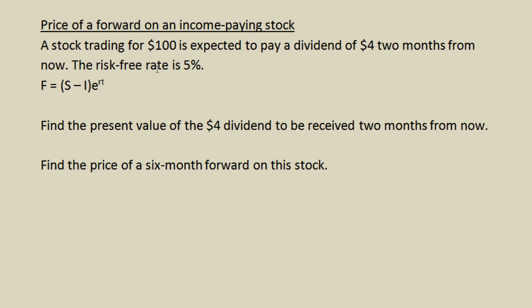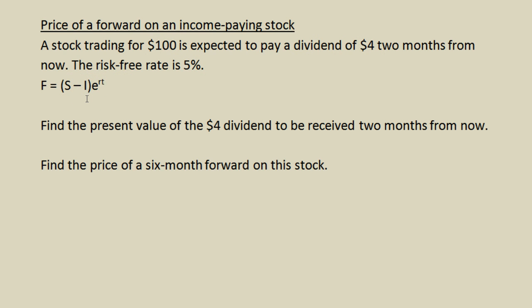This is a modification of the formula for finding the future value of an amount where the interest rate is continuously compounded. You may want to review that video where we had that the future value is equal to A e to the rT. Here, because there's income being paid, we have to subtract it out.